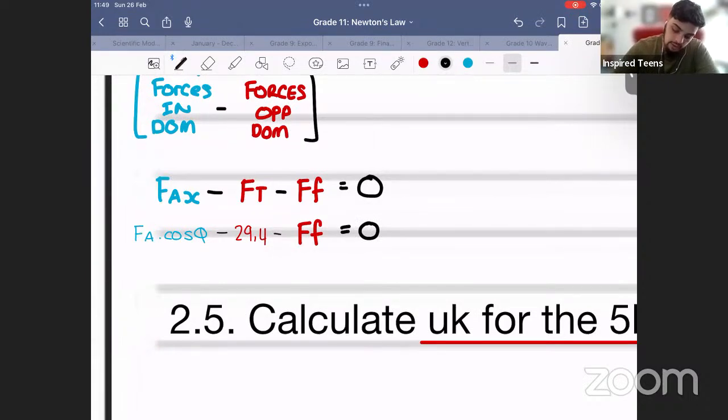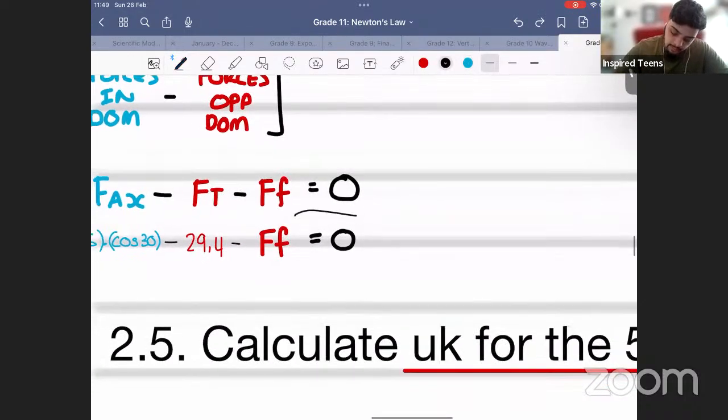So let's calculate all of this. I'm just going to erase this because we did it above, and I'm going to say 36 times just cos 30. Okay, so I'm going to do these calculations. 36 times sin 30 minus 29.4, and I'm going to take friction over at the same time and have friction as positive.